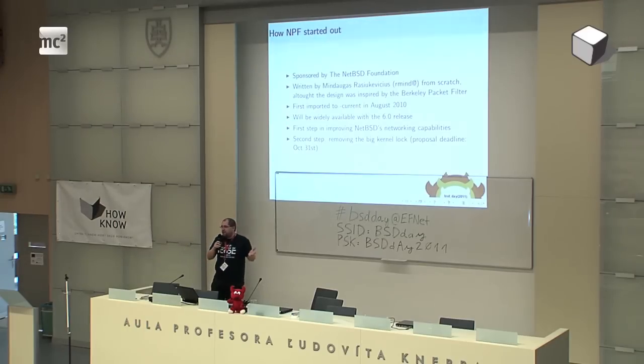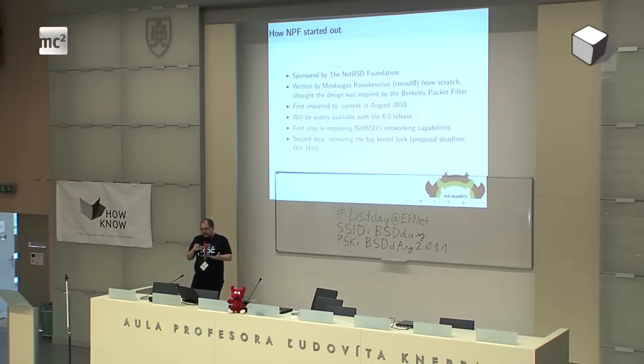So how did NPF start out? The NetBSD Foundation's board said on the lists that they would like to fund development of a new firewall, for exactly those reasons. And Mindaugas applied and got the project funded by the board. He wrote the original code for NPF.